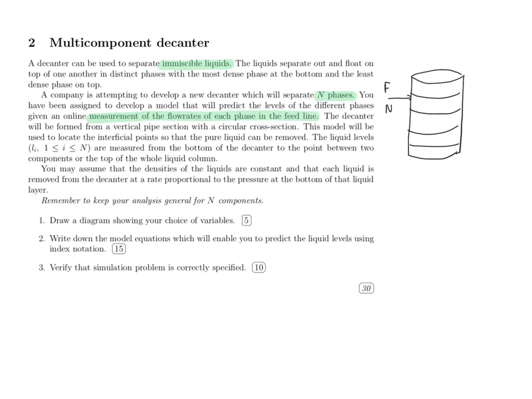The model will be used to locate the interfacial point so that the pure liquid can be removed. Okay, so they're talking about these interfacial points over here. So when we are doing this decanting, we're going to want to remove those different liquids.